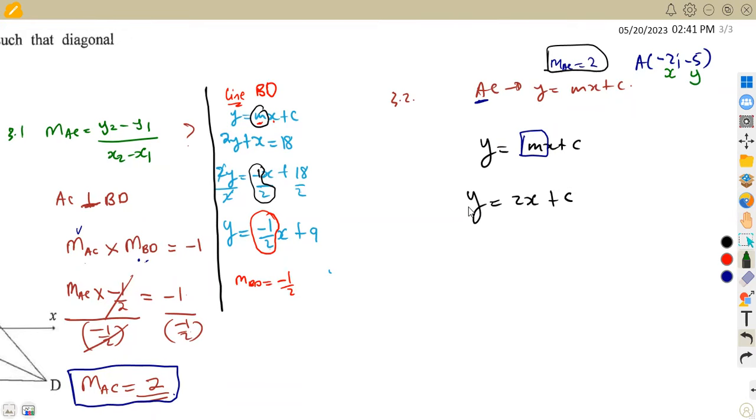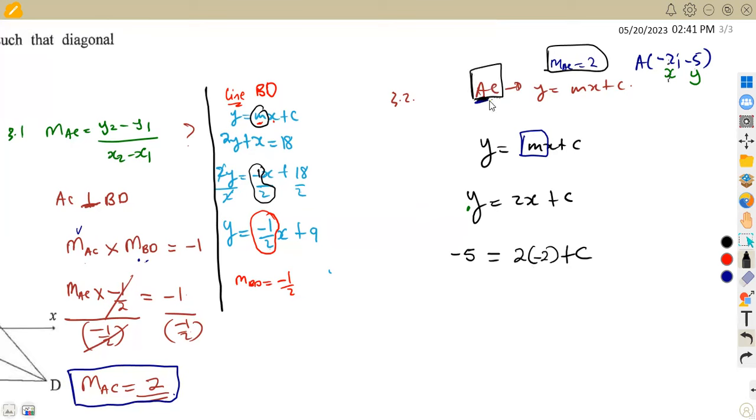In place of y here, you are going to substitute this y that we are given, which is -5, which is equal to 2 times x. So you open a bracket to multiply your x from the point, which is -2. Simply like that, you can find the value of c.